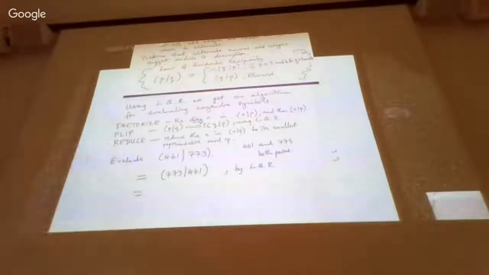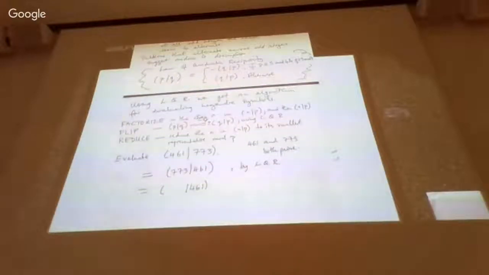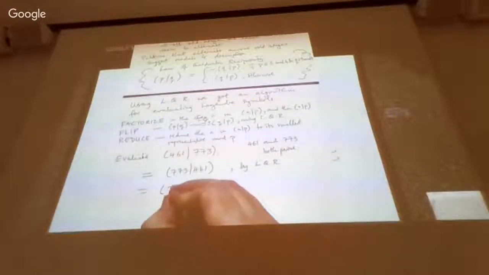We flipped it, now we reduce it. You see, we're asking ourselves, is the congruence class 773 a quadratic residue modulo 461? Well, we're complicating things. What is the congruence class of 773? It's got a simpler representative modulo 461. So you divide it by 461 and look at the remainder, it's 312.